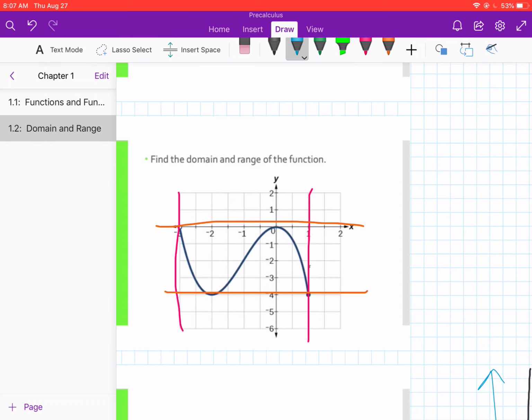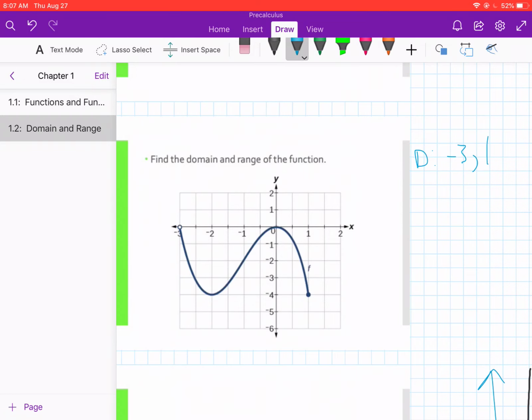Let's talk about the domain. Domain starts here at negative 3. So our lower bound is negative 3, comma, our upper bound is going to be 1, because that's as far right as it goes. Now we have to decide parentheses or bracket.